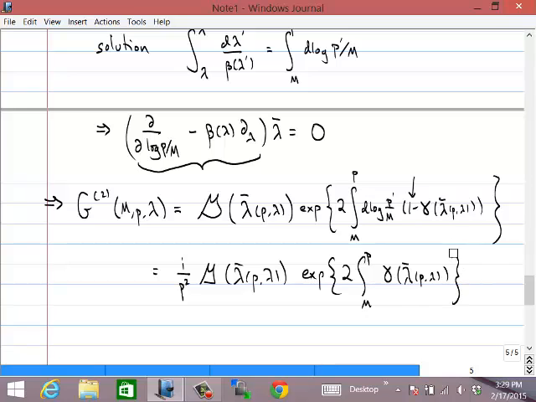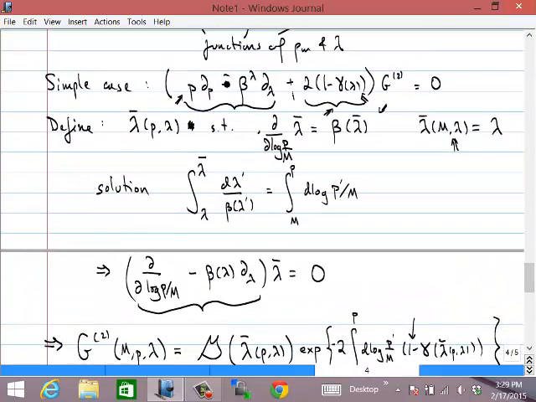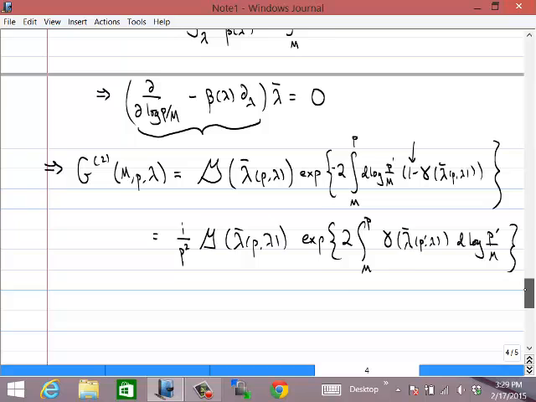Sorry, this is the integral d log p. Good. Oh, and I guess there's a minus sign here, which is because there was a plus sign here. Good. Okay.